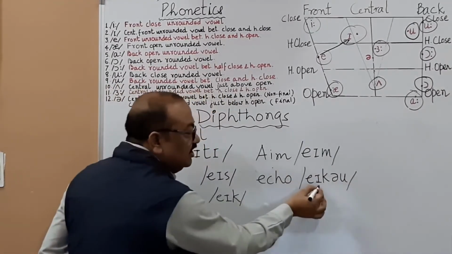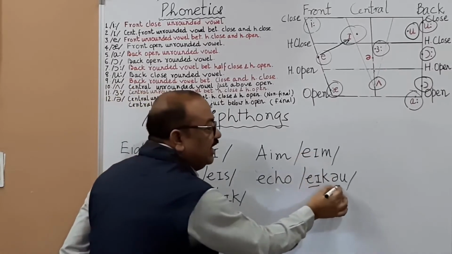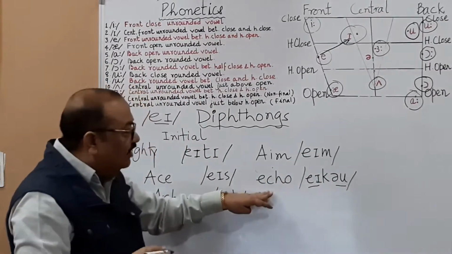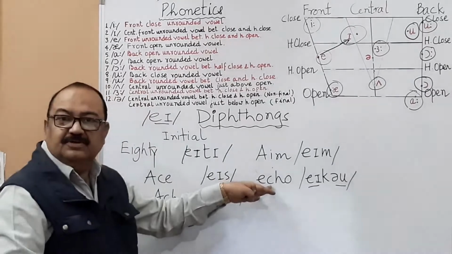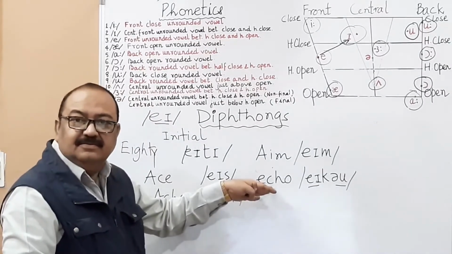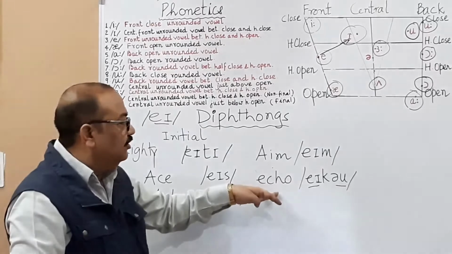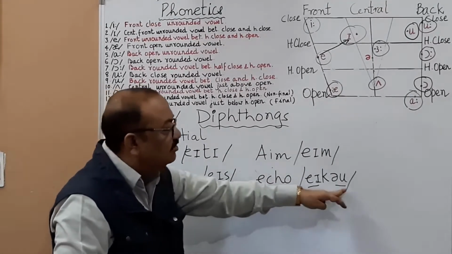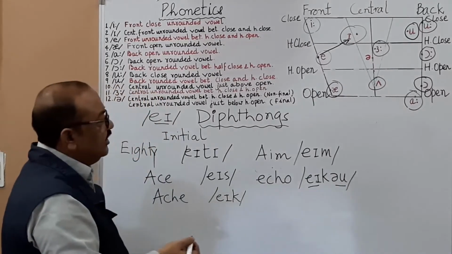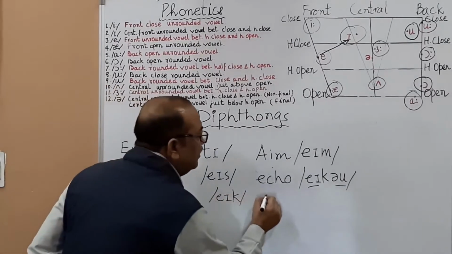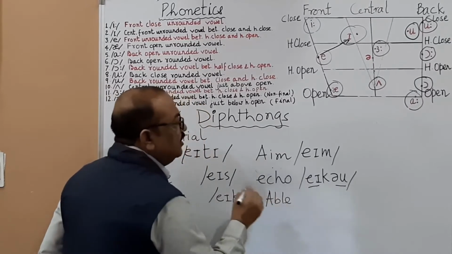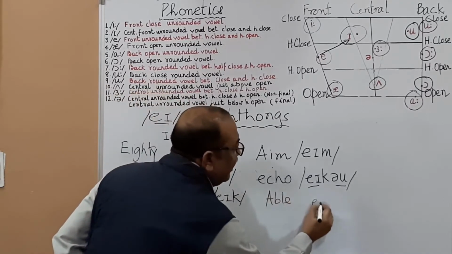You know it begins with a diphthong sound and it also ends with a diphthong sound. I've seen people saying it wrongly. It's not that. What is it? This is echo, or say for example able. How will you write able? Able.